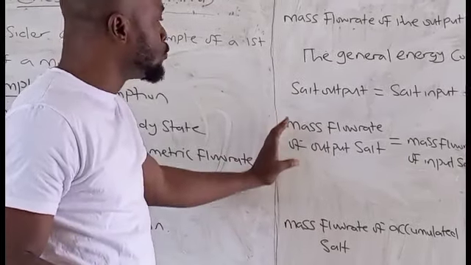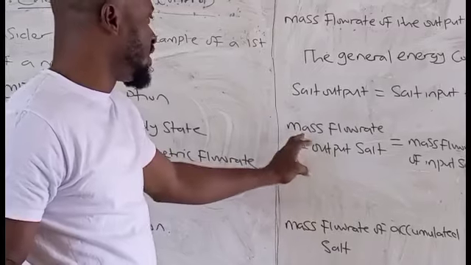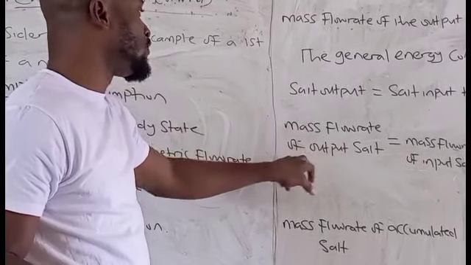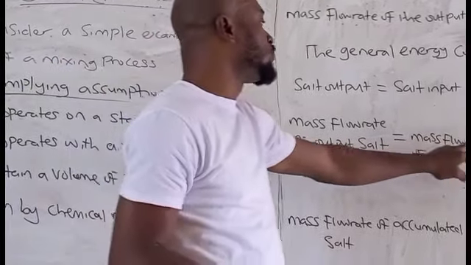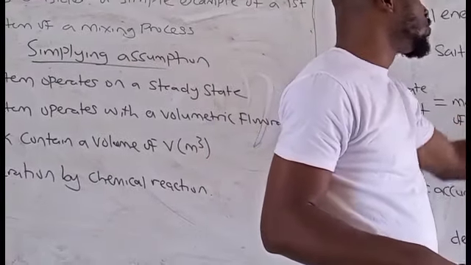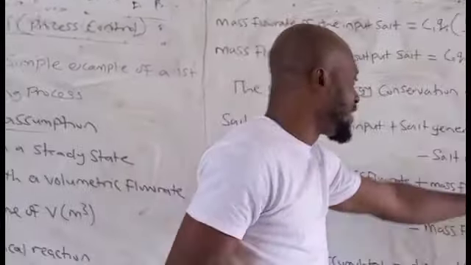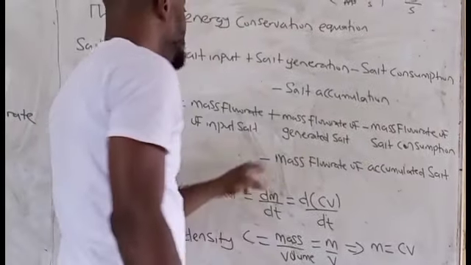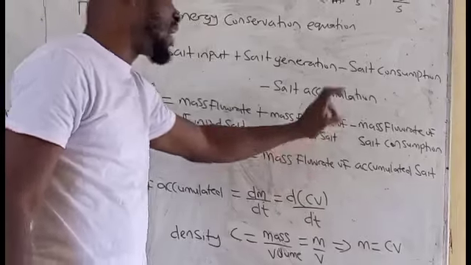Using this, mass flow rate of output source is equal to mass flow rate of input source plus mass flow rate of generated salt minus mass flow rate of salt consumption minus mass flow rate of accumulated salt.